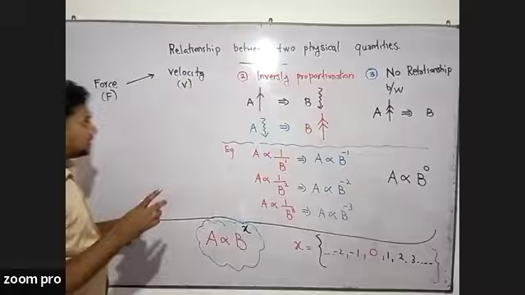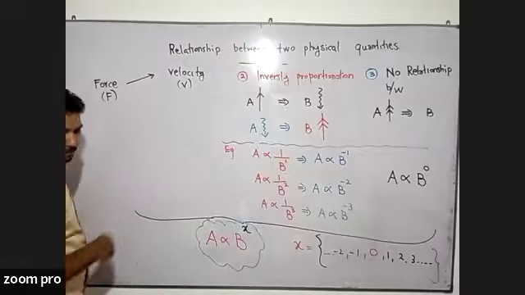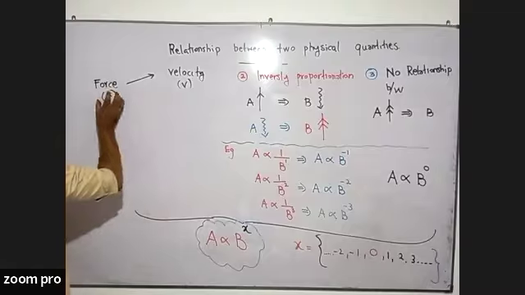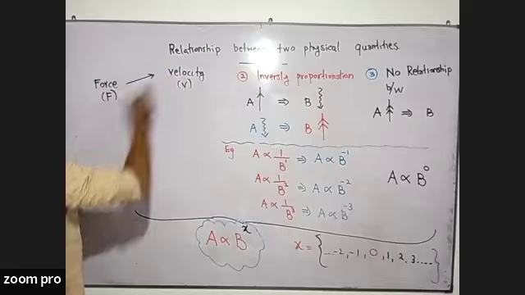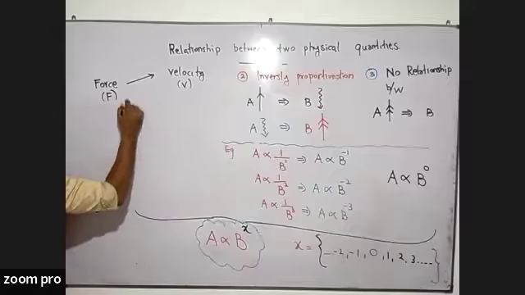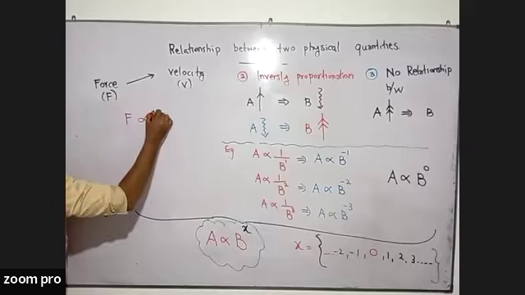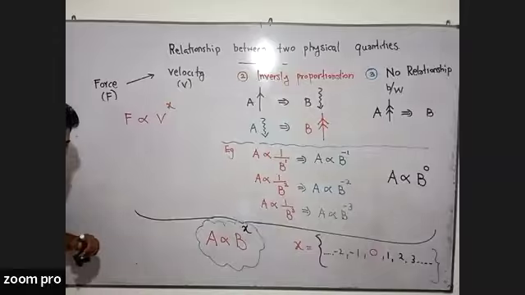You need to represent the relationship between force and velocity. In order to build up the relationship between force and velocity, we can represent this relationship as F proportional to v to the power of x. That's it.